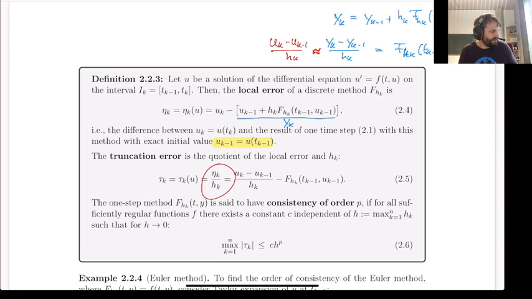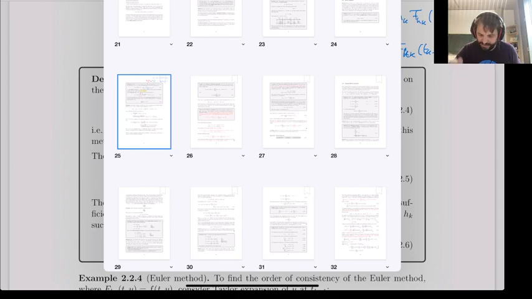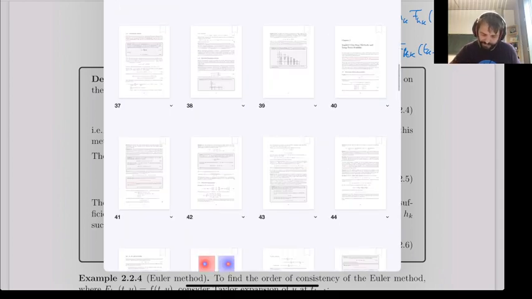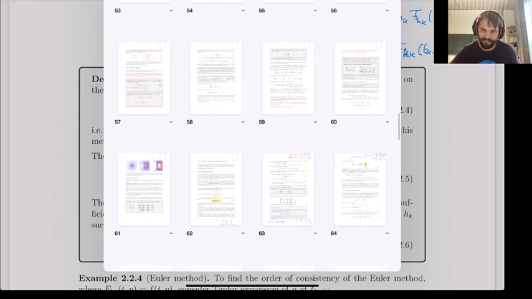You could also call it a consistency error, or how much the true solution does not satisfy the scheme in some sense. Now let's go to the multi-step method, and if I haven't made any mistake in thought, then with that definition in mind, the definition we made makes sense.